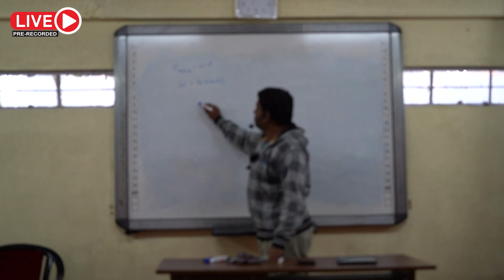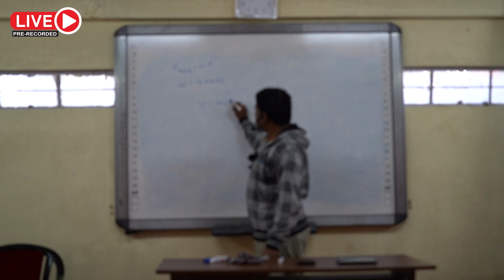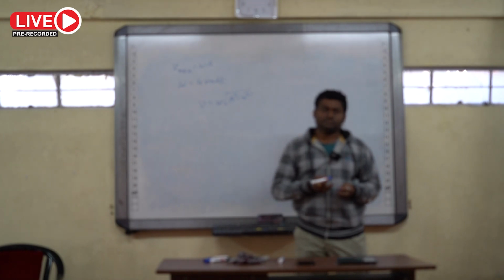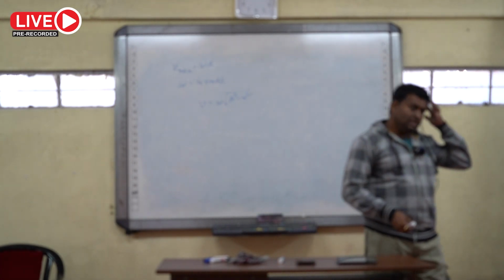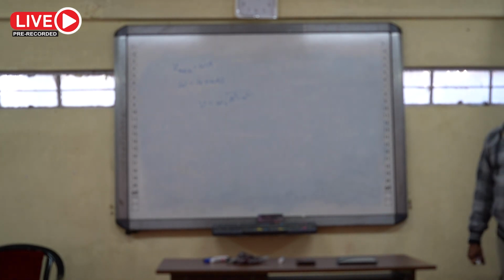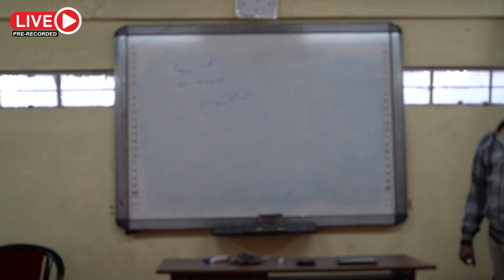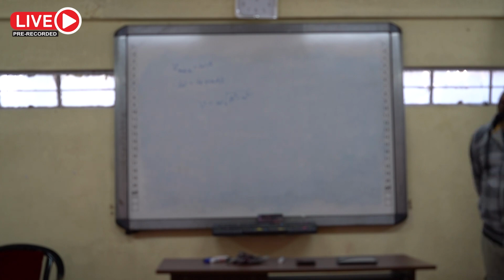Then use this formula that V equal to omega root over of A square minus x square. V is given 8 root 3, A is given, omega you find, so you can find x. It will be 2 centimeter.